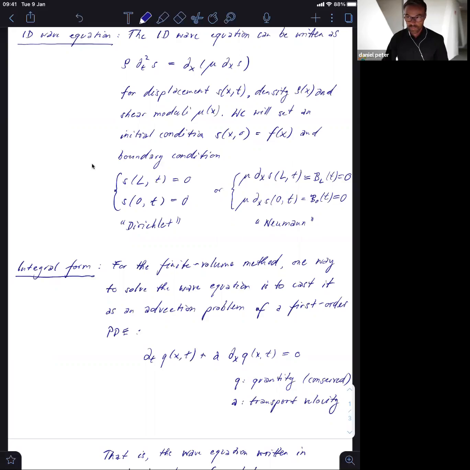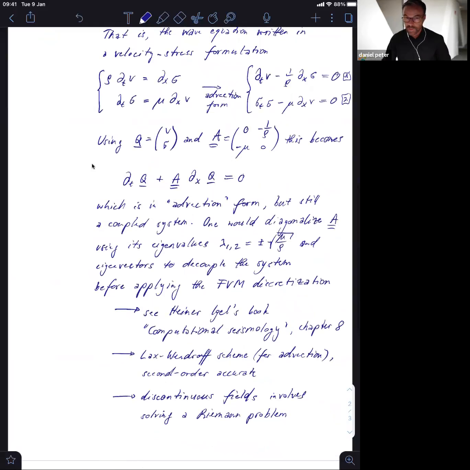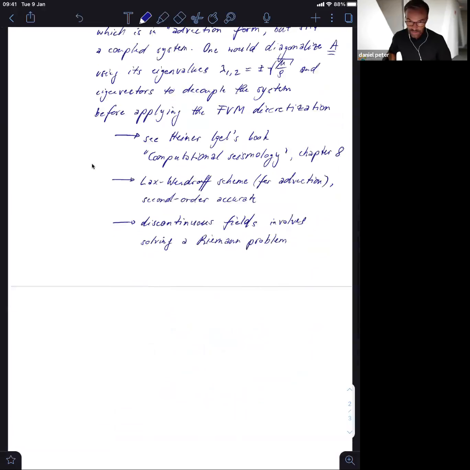Good so far? Good. So for this first order system, I refer you to look at Heiner's book, for example, if you want to see the details about it.